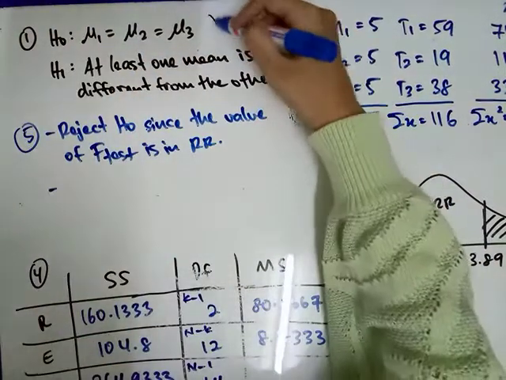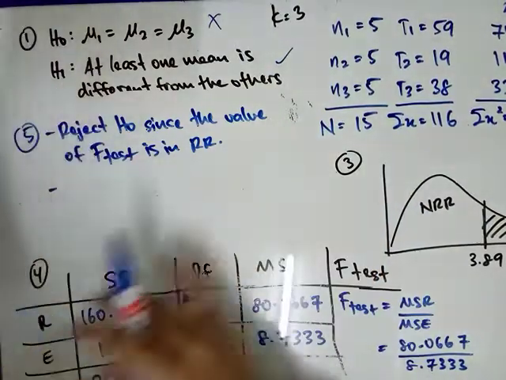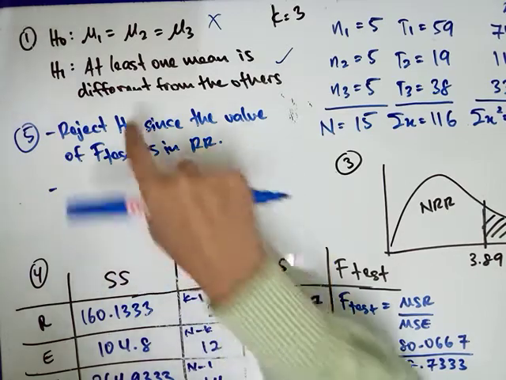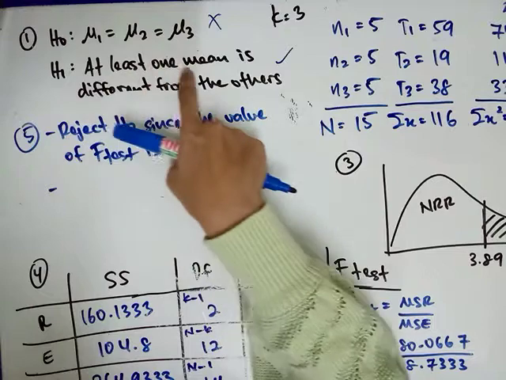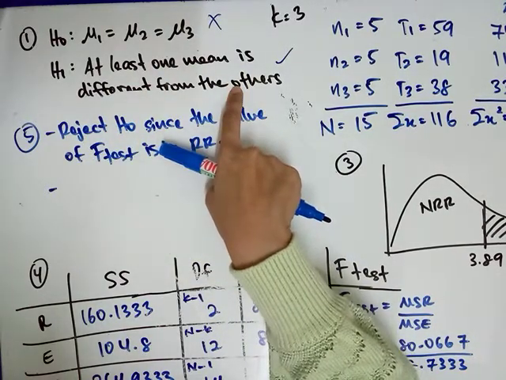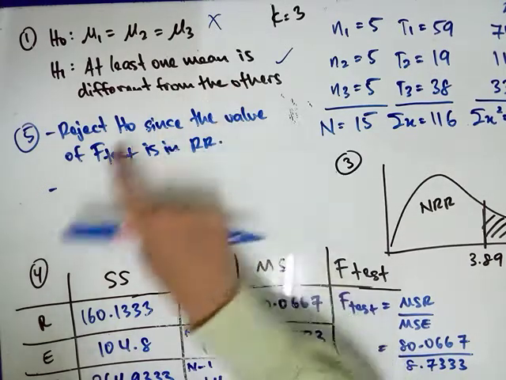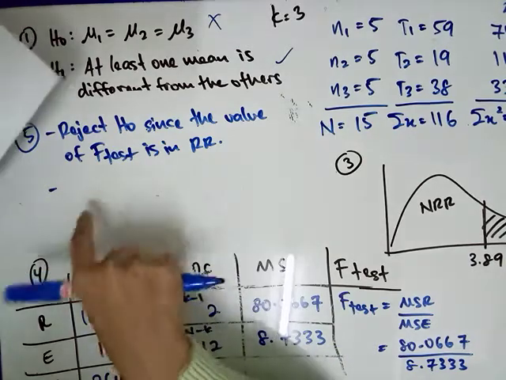So, you can make the second conclusion. Awak ambil balik ayat H1 ni: there is at least one mean that is different from the others. So, this is for the second conclusion. Okay, boleh faham nah?